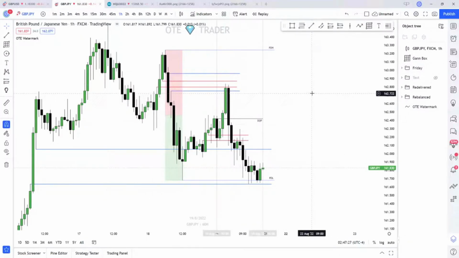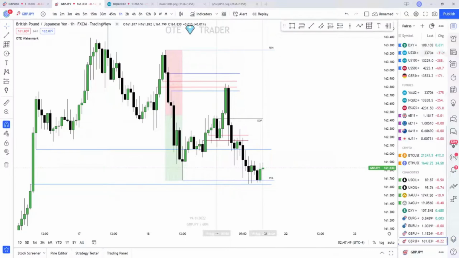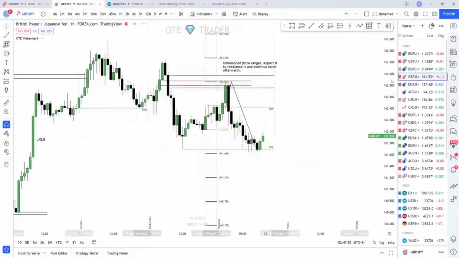So how to refine your fair value gap? We're gonna see if there's an old fair value gap or an unbalanced price, right? So this is unbalanced because we traded through it, right? We traded through it over here, and now price is gonna go back and reference this area as a resistance. So let me just grab the chart real quick, right?